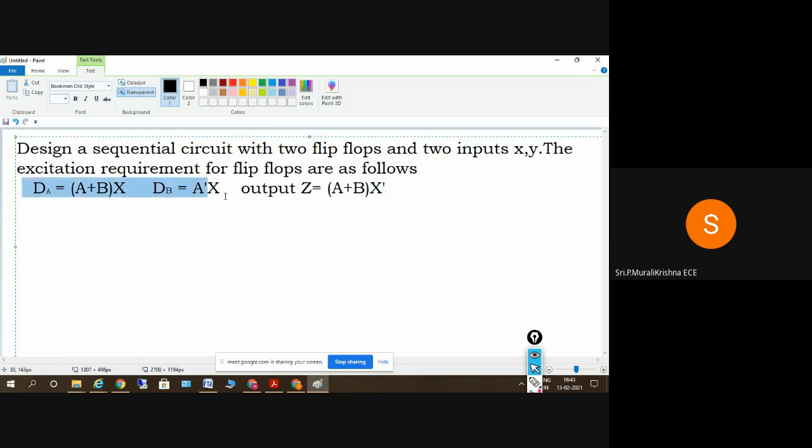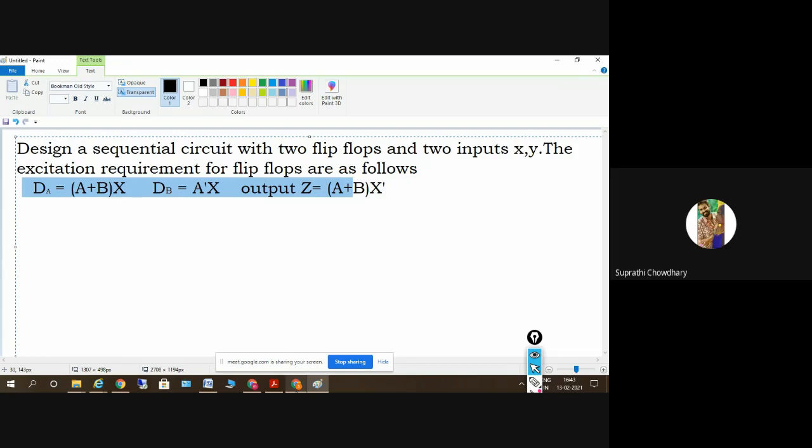These are the flip flop input equations of the D flip flop. We already discussed D flip flops. Whatever input we give to a D flip flop will be the next state. So what is Q of t plus 1 in the case of a D flip flop? Q of t plus 1 is equal to D. Yes or no? Yes, sir.